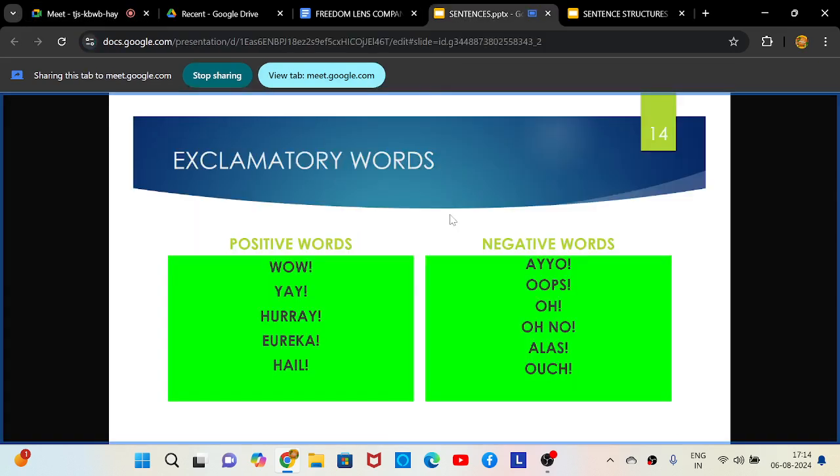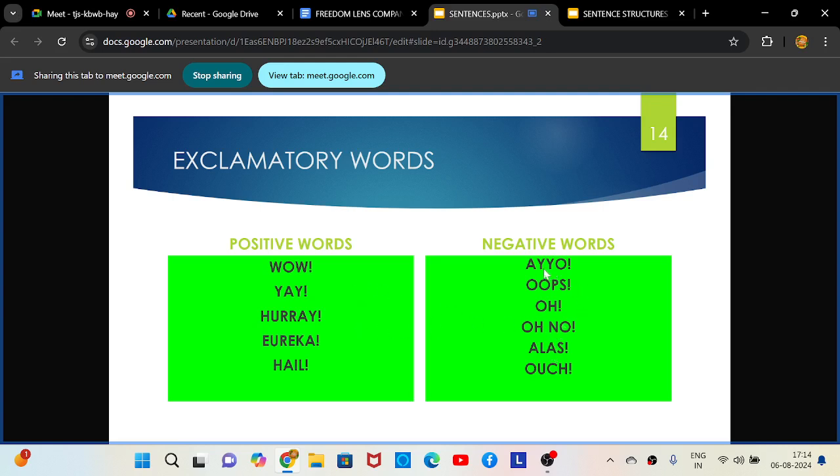Now there are 2 boxes showing a list of positive and negative exclamatory words. Words like wow, yay, hooray, eureka, hail are positive exclamatory words. Words like ayyo, oops, oh no, alas, ouch are negative exclamatory words.